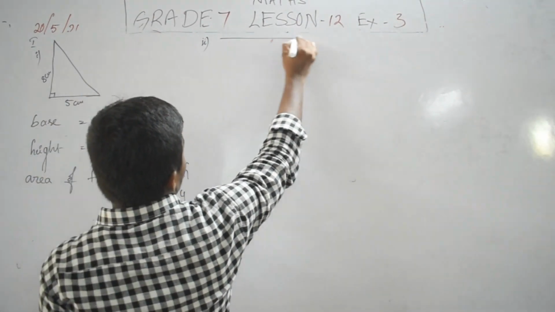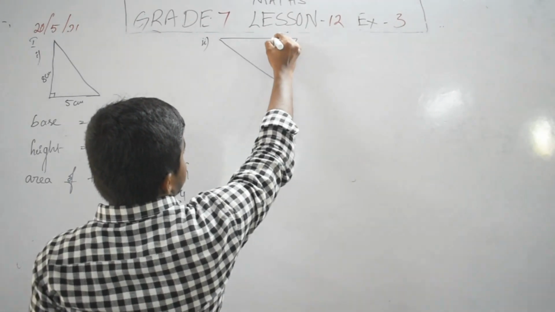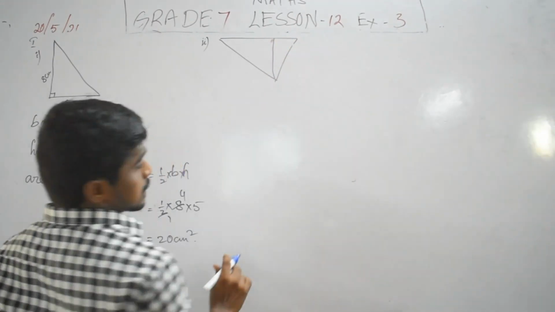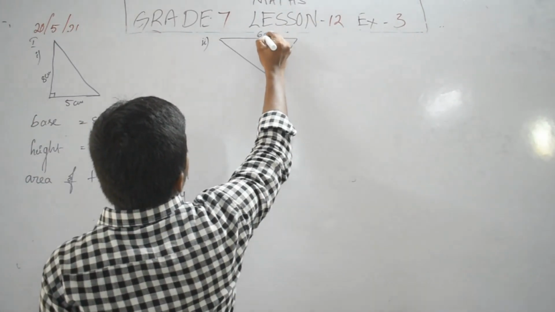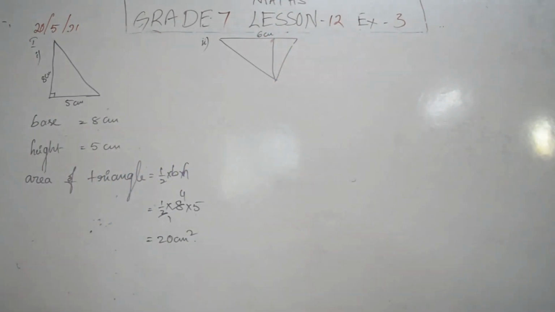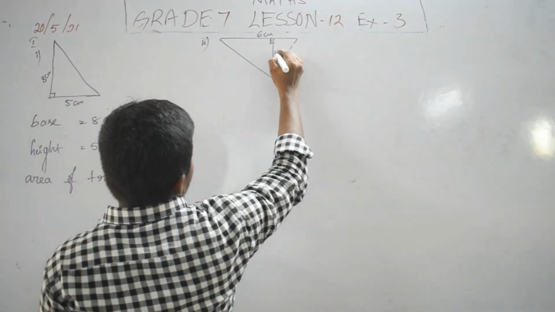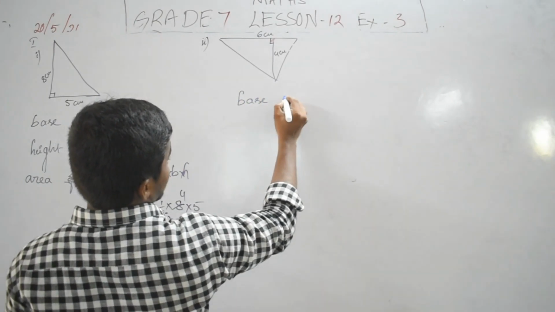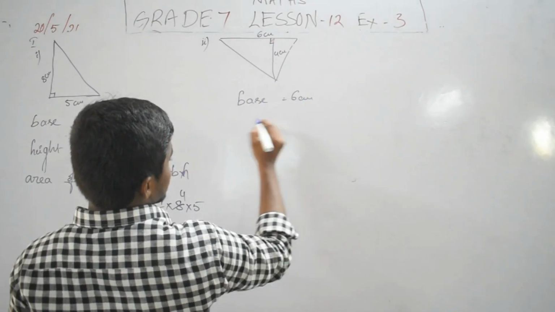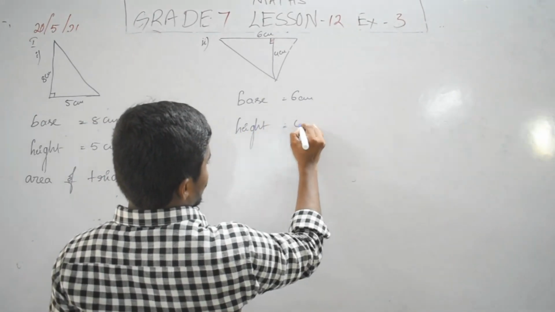This is another triangle. So here base how much? 6 centimeters. Height how much? 4 centimeters. So now base is 6 centimeters, height is 4 centimeters.